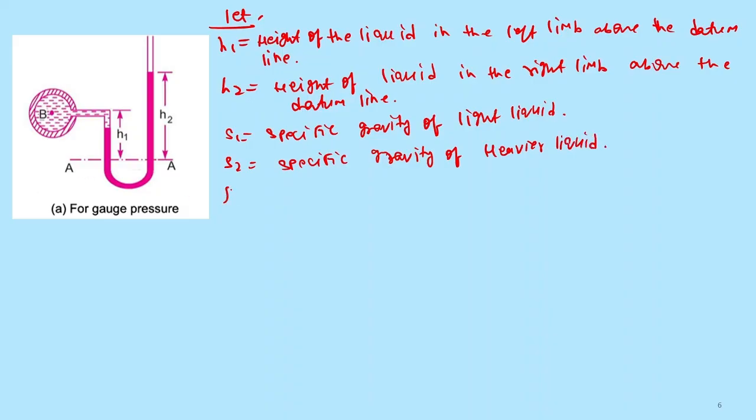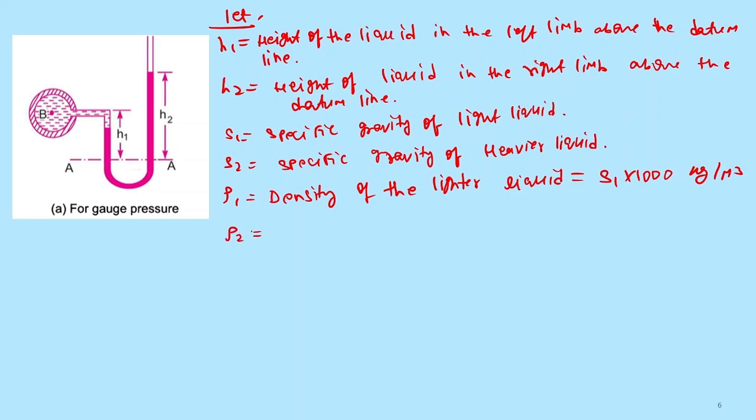And we can also say rho 1 means the density of the lighter liquid, or we can write it as S1 into 1000 kg per meter cube, and rho 2 is the density of the heavier liquid.